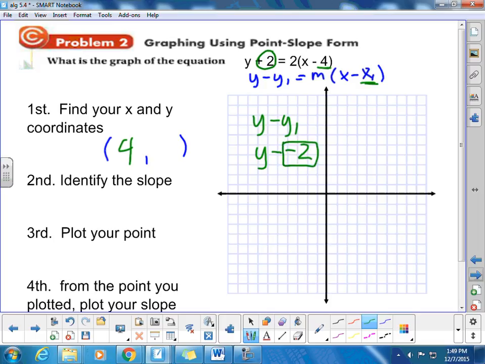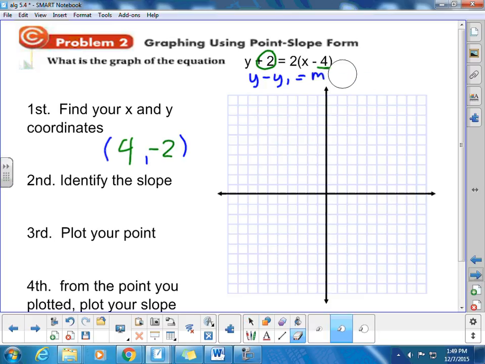So that is our y. Some people just remember that it's the opposite of the numbers that are in there. So instead of our y being a 2, it's a negative 2. Instead of it being a negative 4, it's a 4. However you want to do it, you have to be able to find your x and y coordinates.